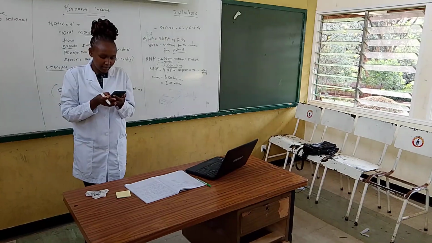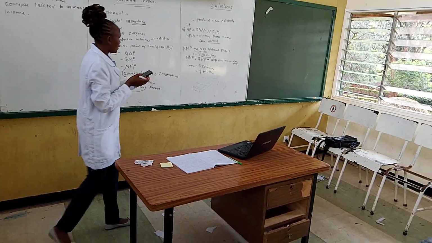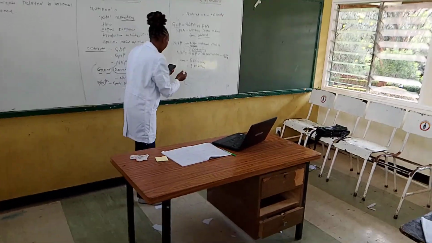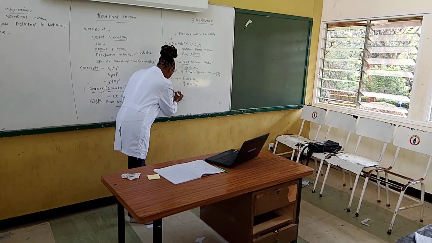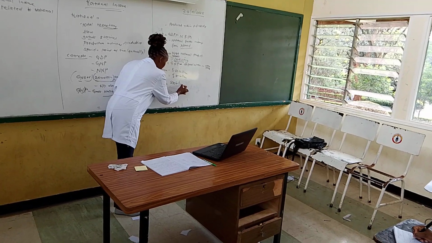Now we are told to calculate the gross national product. And then we are given our GDP to be $500 billion.